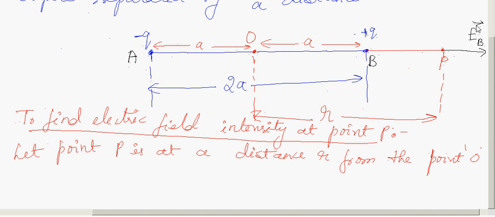Similarly, the electric field at P due to minus q at A is EA, directed towards minus q.